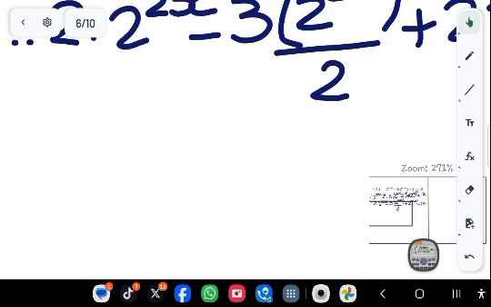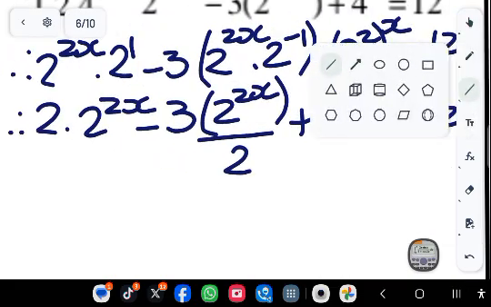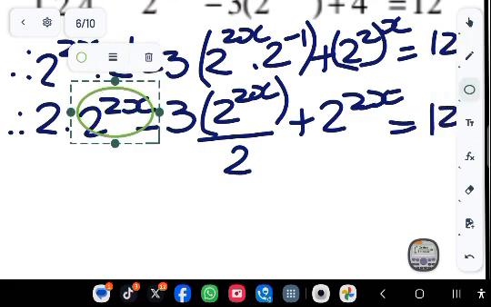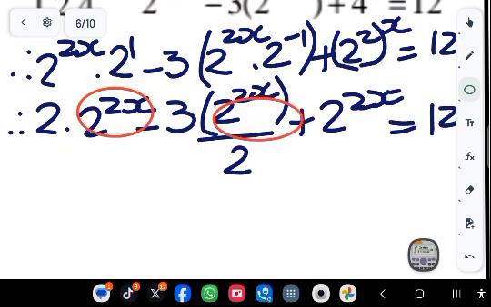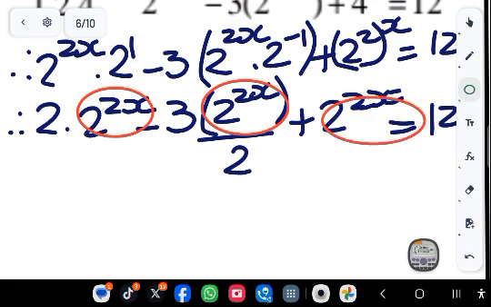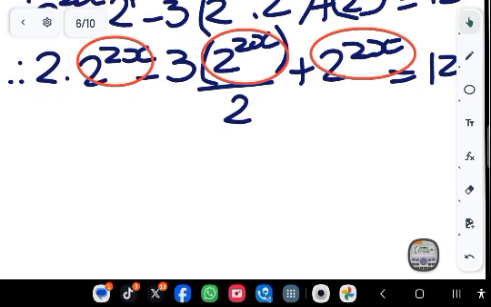Now to make life easier, let 2 to the power of x, because if you look at this, the 2 to the power of x is a recurring theme here. We've got a common factor. So let that be equal to k.